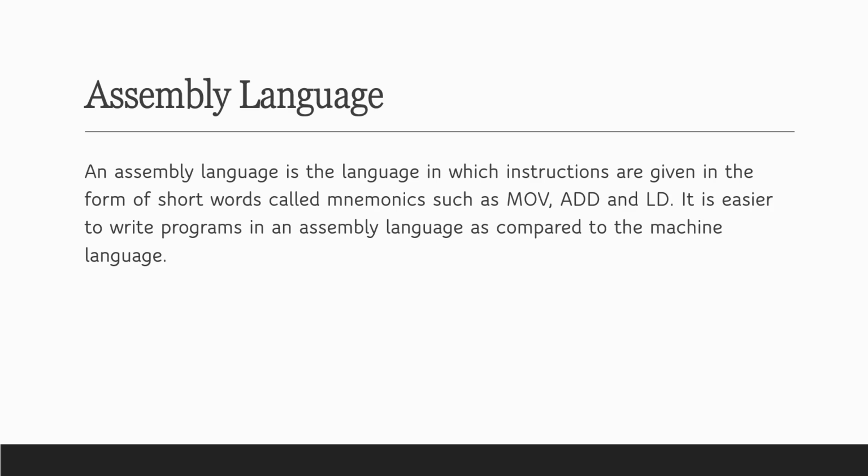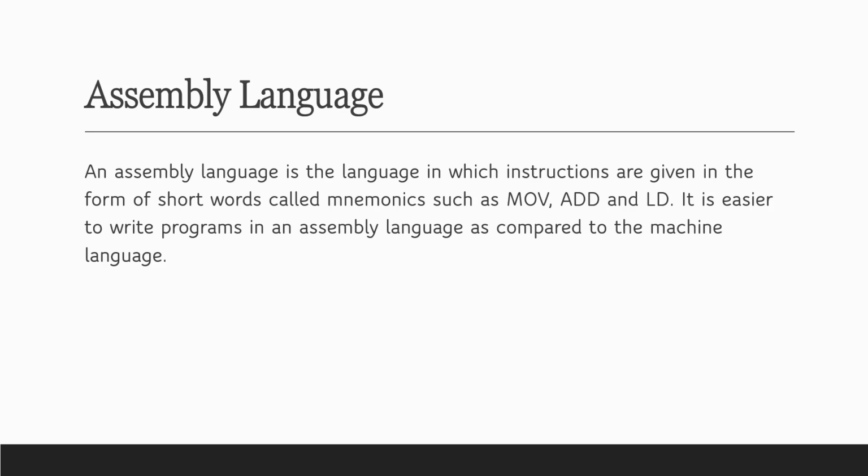These mnemonics are easier for humans to understand and remember compared to the long strings of zeros and ones used in machine language. Since each assembly instruction corresponds directly to a machine instruction, it is easier and faster to write programs in assembly language than in pure machine language.